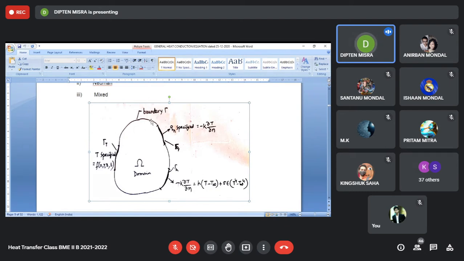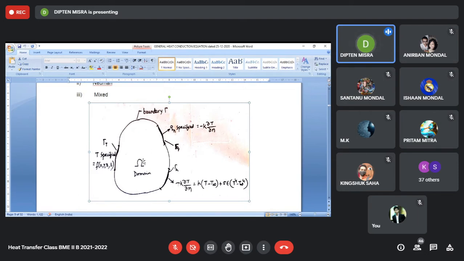A boundary is a union of an infinite number of points such that each of these points is surrounded by some domain points and some non-domain points, that is, some points belonging to the domain and some points belonging to the surrounding.